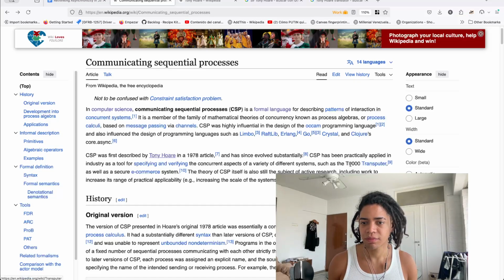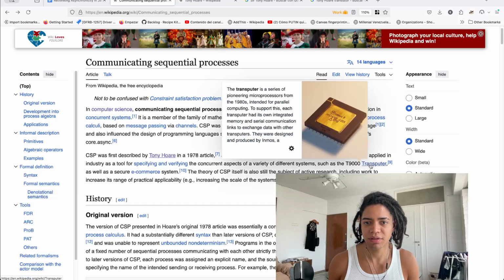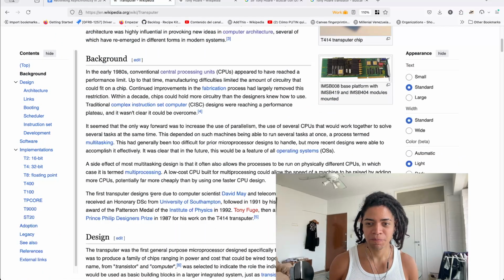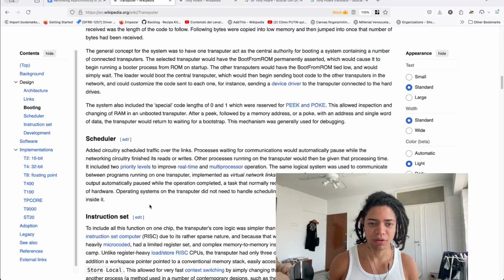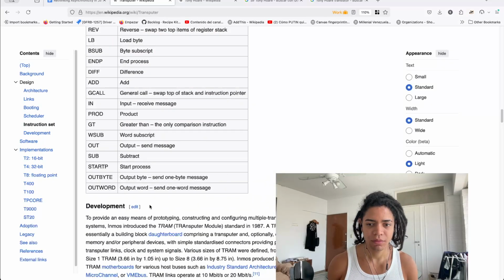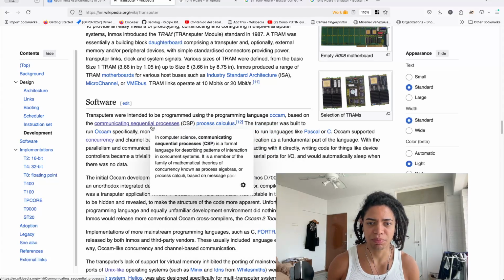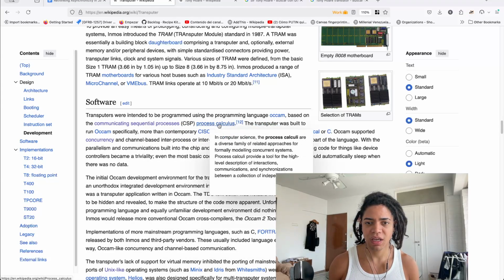the T9000 transputer. Transputers were intended to be programmed using the programming language occam, based on the communicating sequential processes calculus.